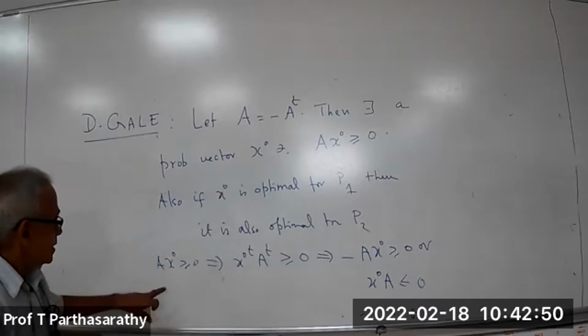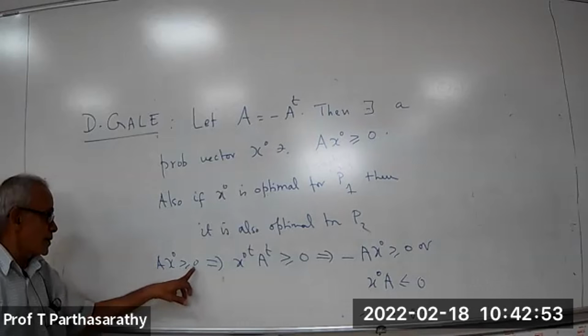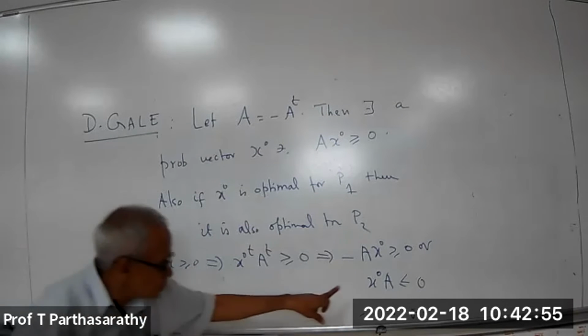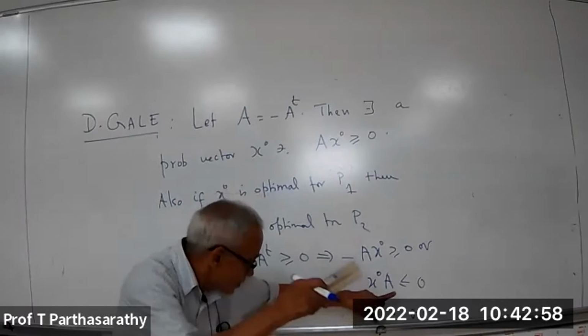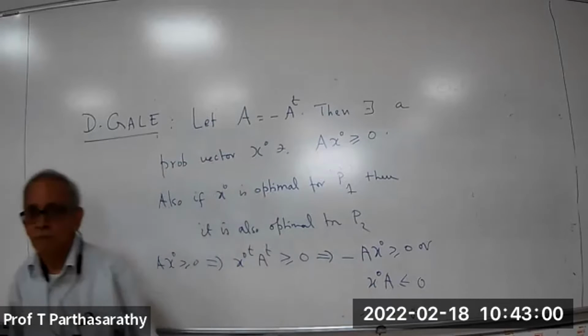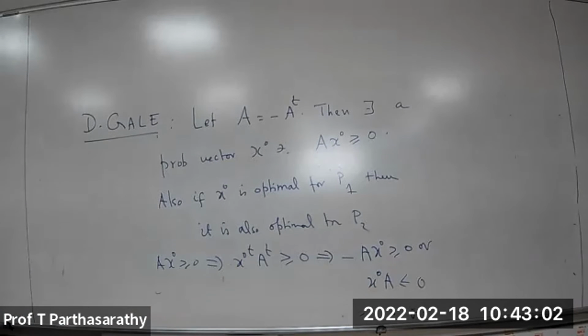That is, player 1 will assure himself on the average an income of 0, and this shows that player 2 will restrict player 1's average income to 0. So 0 is the value of the game. This is true for any skew symmetric matrix. And then he uses this result to derive von Neumann's theorem. Given any matrix of order m by n, you can associate with that a skew symmetric matrix and use this theorem and get an optimal strategy for the skew. From that, you can recover an optimal strategy for the original game. That can be done.